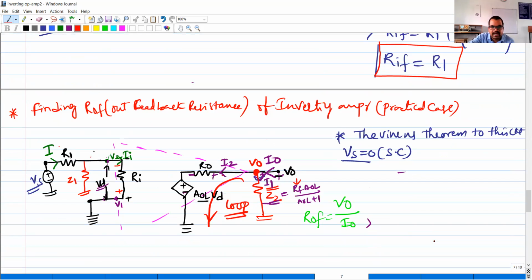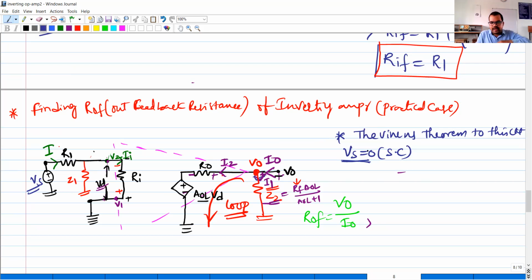Third case, we are going to calculate ROF. So ROF we are calculating at the output side. Here also I want to apply Thevenin's theorem to this circuit. Because of applying Thevenin's theorem, wherever there are independent voltage sources, they become short circuited.